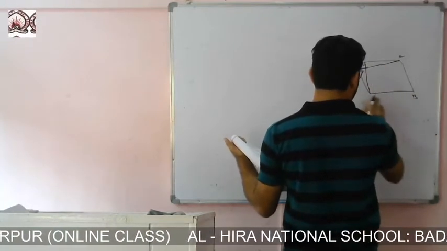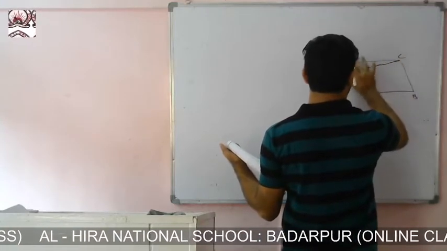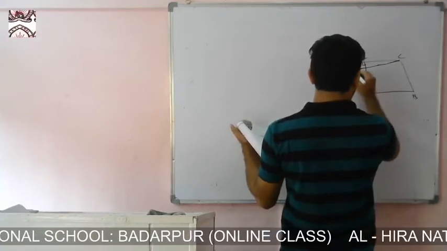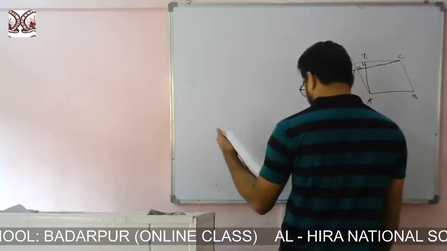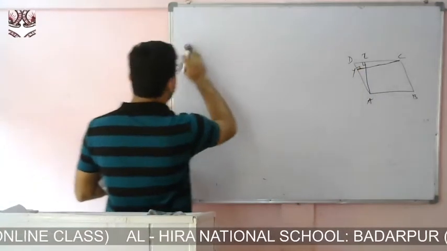Here A, B, C, D. Here AX, and this one CY. You have to find both heights.